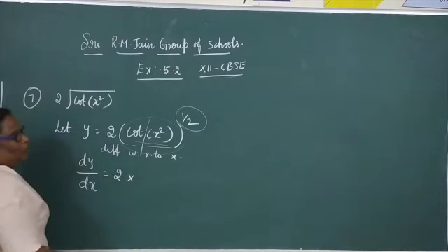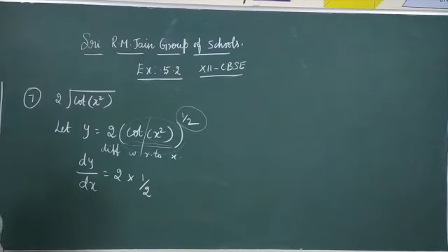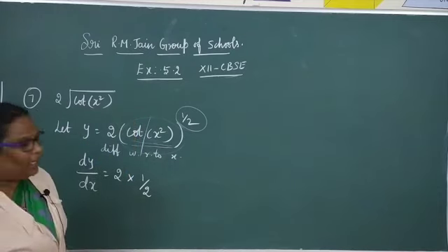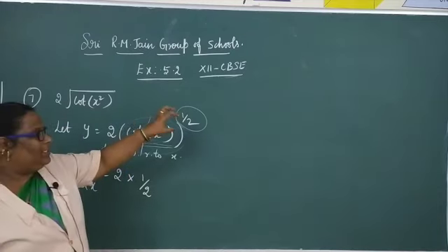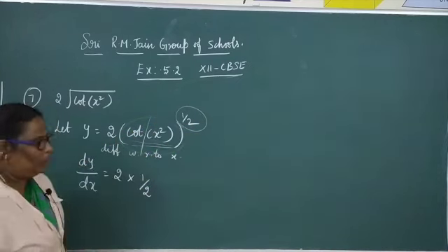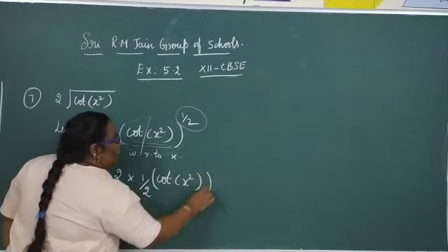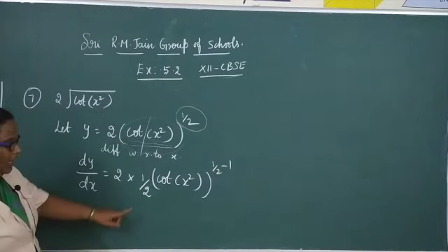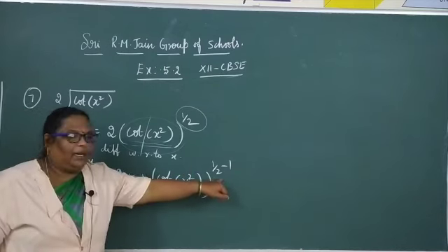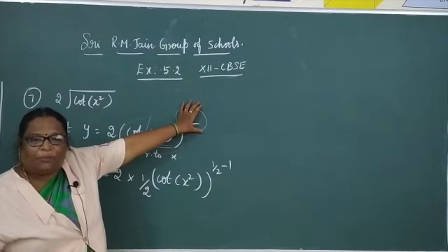2 into first power 1 by 2. 2 into 1 by 2, that is n into x power n minus 1. If it is a power 2 or 3, we have no problem, we reduce once, but it is a fraction. So you will do n into x power n minus 1. That power is over.